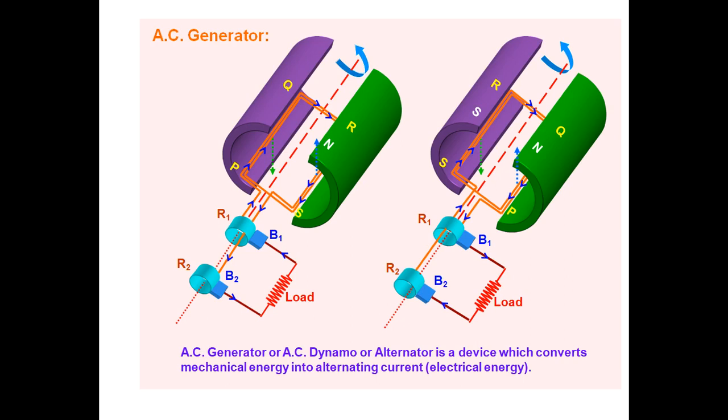When the magnetic field and the speed of revolution of the coil are uniform, EMF is induced in it. Hence the current varies in the AC generator: it goes from 0 to maximum, maximum to minimum, then to negative maximum, and after that again 0.